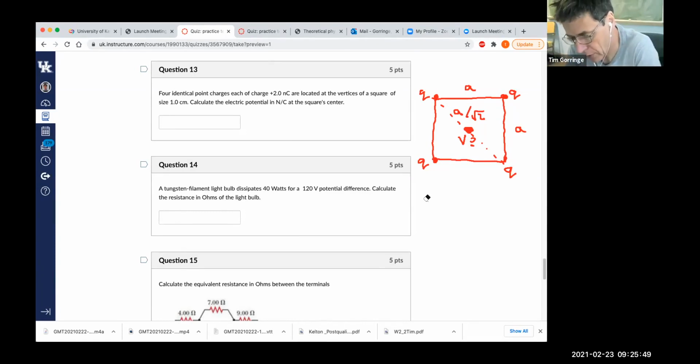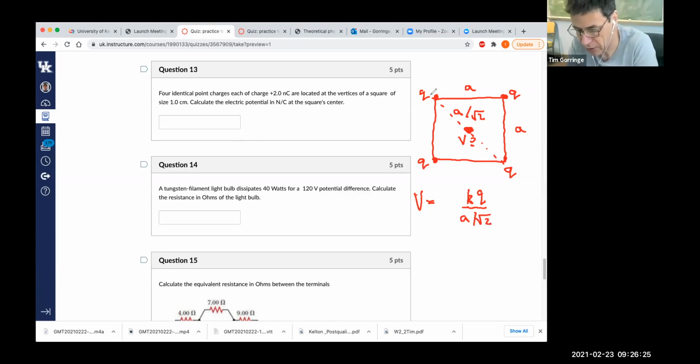Okay, so now we can write down the potential at the field point due to the 4 charges. What's that potential going to be? What's the equation for that potential? Well, the potential of a point charge, let's just think of one of the charges, say this top left point charge. Its potential at that location is going to be the Coulomb constant times its charge divided by its distance from that field point, and that's a divided by the square root of 2.